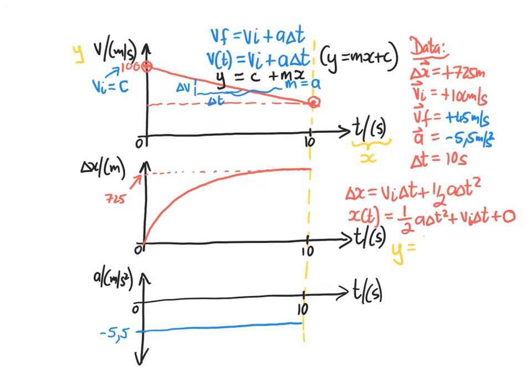Then if I write this form here, y equals a x squared plus bx plus c, then you should recognize this as the general form for a parabola where the y-intercept is 0, and that's exactly what we find there. The y-intercept is 0.